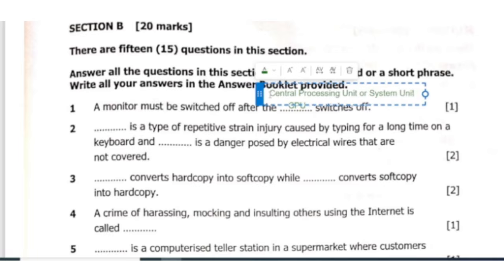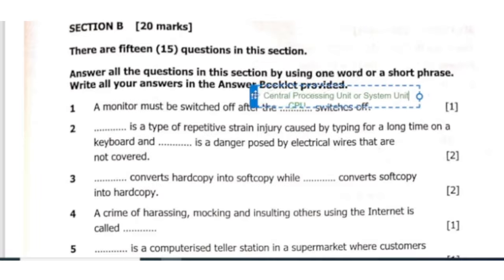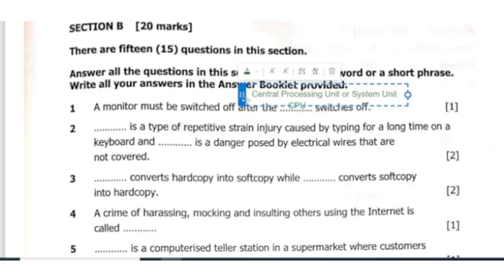So central processing unit is abbreviated as CPU, getting C, P and U to form CPU, or you can still call it system unit.